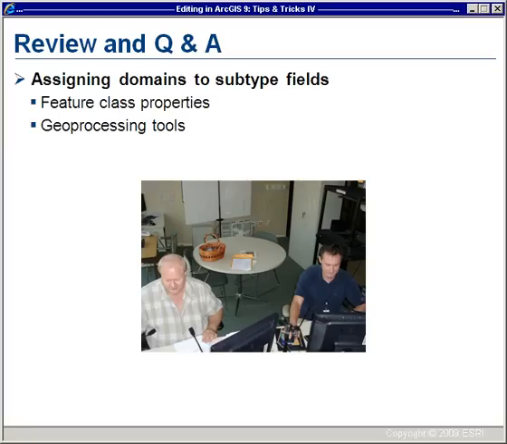You may want to look at domains as a mechanism of constraining what kind of value somebody may be able to put into an attribute field for you, either by using a range domain with a min and max value or using a coded value domain with a list of codes to pick from. And then you may want to consider combining the use of subtypes and then different domains per subtype as a mechanism of maintaining your attribute data validation.